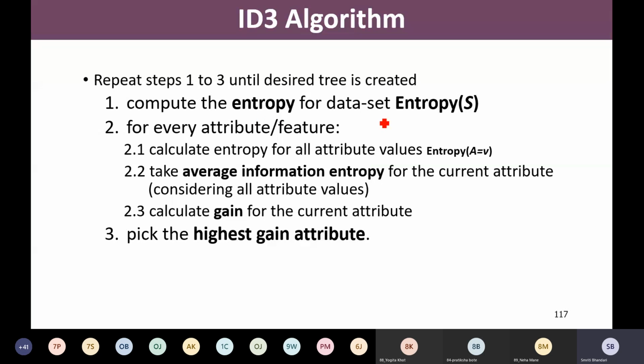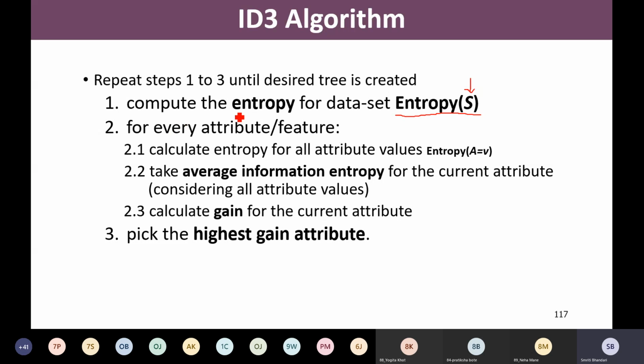So the first step is to compute the entropy for the data set, and denote this entropy as entropy of data set S. S denotes the data set. In the first step, we compute the entropy for the provided data set.